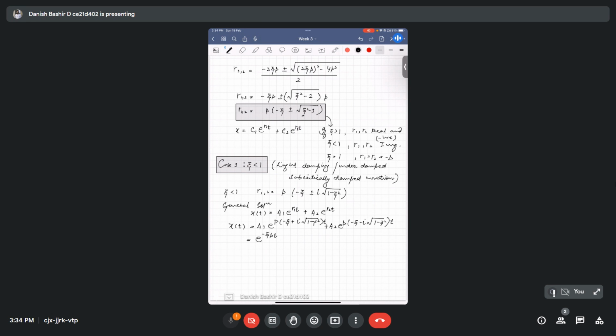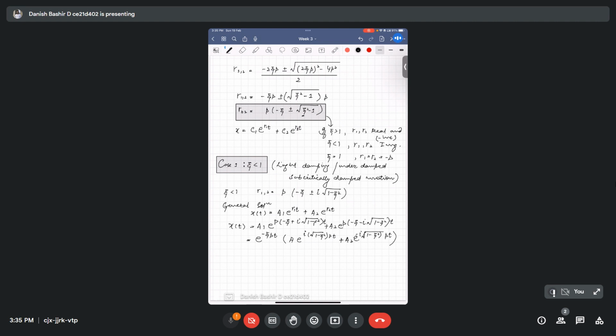We are left with only a1 e to the power iota under root 1 minus theta square, and that also p times t, plus a2 times e to the power minus iota times root 1 minus theta square, p times t like this.